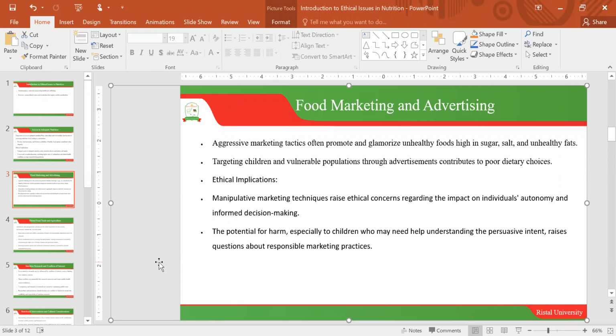These actually persuade these children to go and buy these things, but these things actually have negative impact on health. Okay? So that is what we are saying, that this advertisement may actually result in negative health outcomes because of this persuasive marketing. This persuasive marketing is not ethical. Sometimes they over-exaggerate.